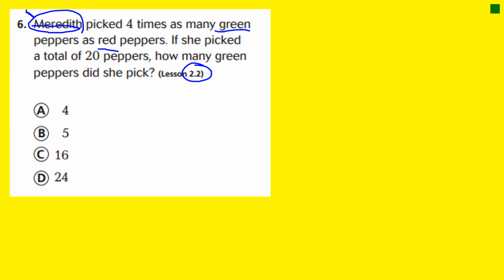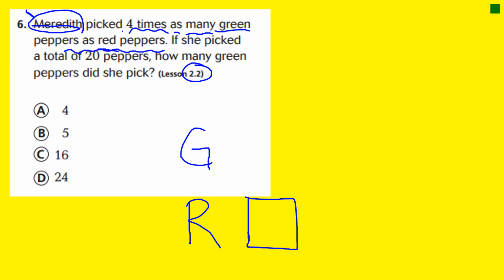Now the first thing I do is I try to think, which one does she have more of? She picked 4 times as many green. So she had more green peppers than red peppers. So the red peppers has less.